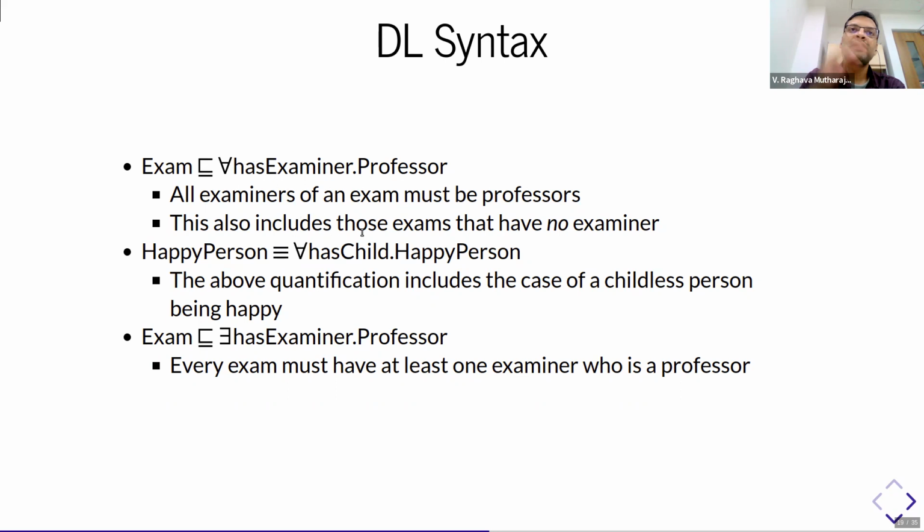That means this also includes those exams that do not have any examiner. So this includes two cases: when there are no examiners, this is true, and if all the examiners of an exam are professors, then also this is true. That's how we can interpret this.